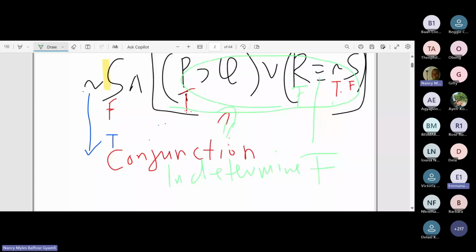Don't let anybody tell you to say false. I want you to understand so that your confusion will be gone. That's why I'm taking you through. A lot of your colleagues, I'm sure, get it. So if your original S is false, then its negation must be true. It's not a choice you have.